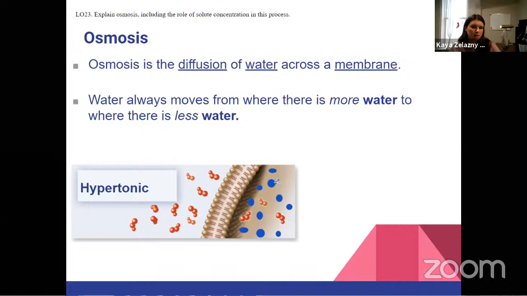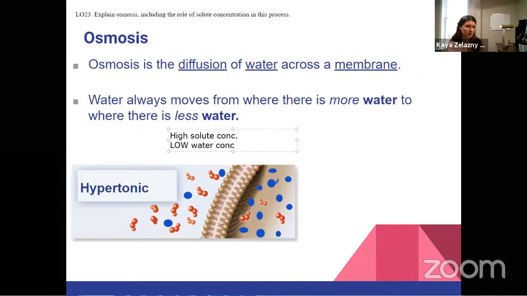Okay. So on the inside of this cell, we have lots of room for water. On the outside of the cell, though, solutes are taking up lots of room. So there's not that much room for our water molecules. So if we were to think about this hypertonic solution, it has high solute concentration, low water concentration.